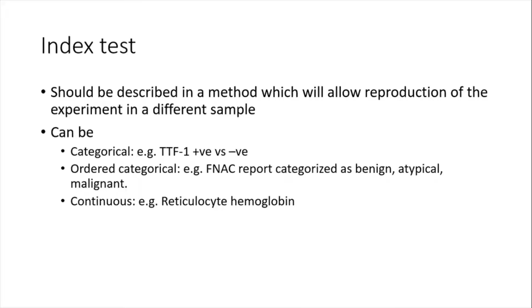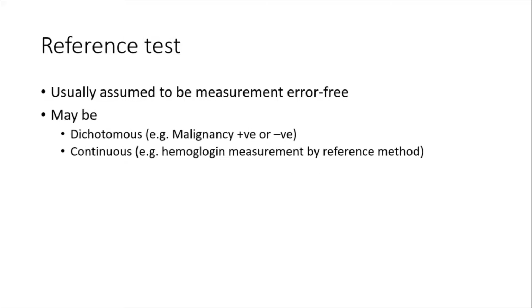An example of an ordered categorical index test may be FNAC report categorized as benign to atypical to malignant. An example of a continuous index test may be reticulocyte hemoglobin. So, we have these various forms of variables for the index test.